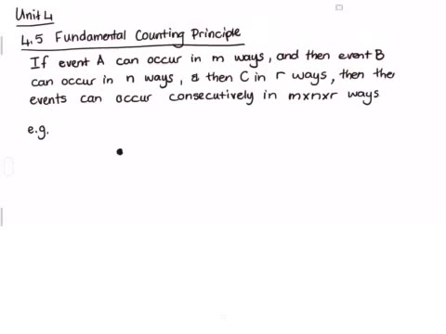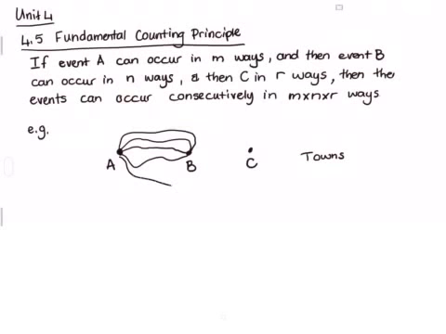Say I have, this is town A, this is town B. So these are not events, these are towns. And now I have roads going from A to B. There are different roads to get from A to B. 5 roads.